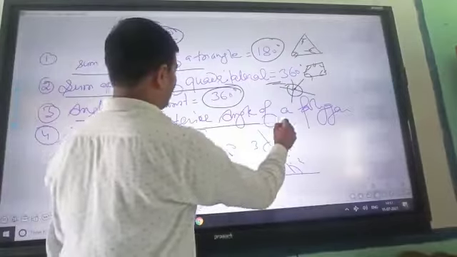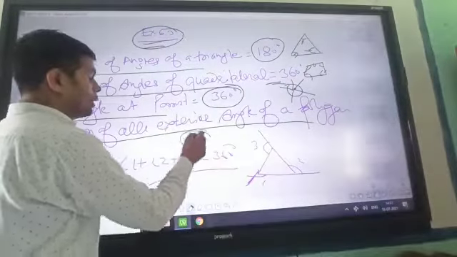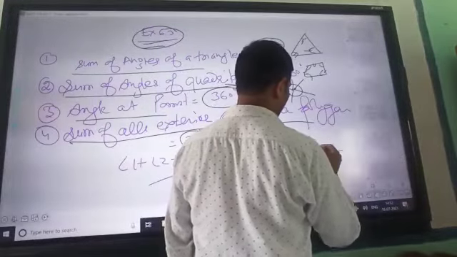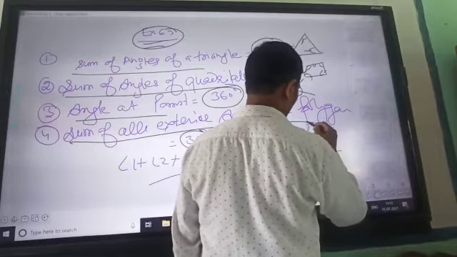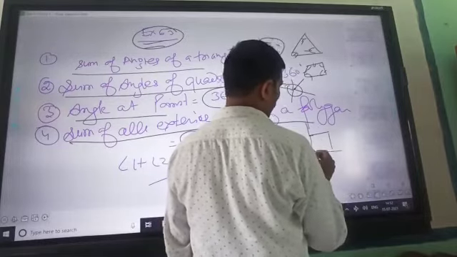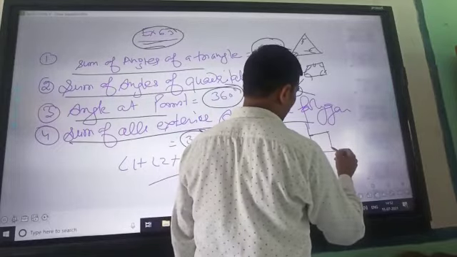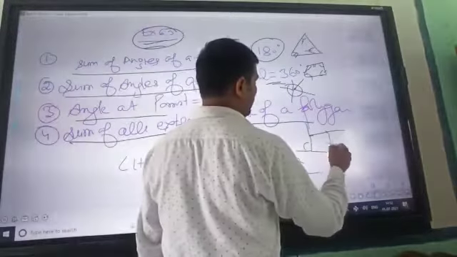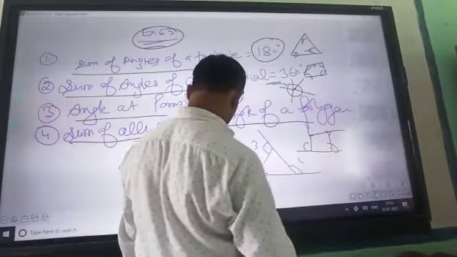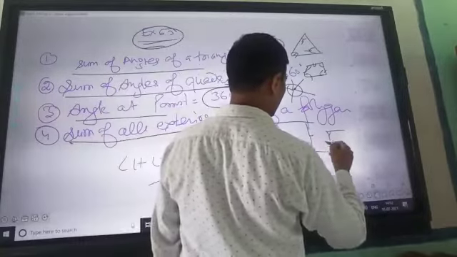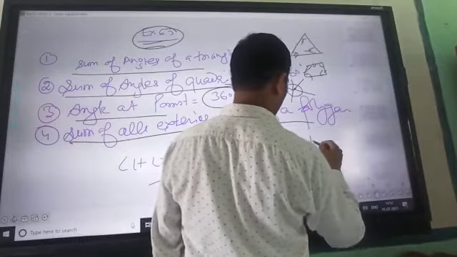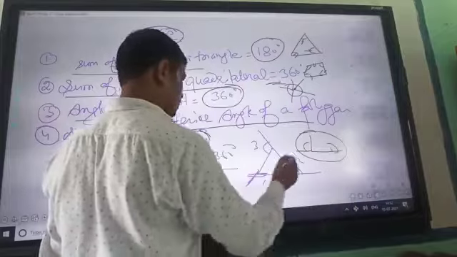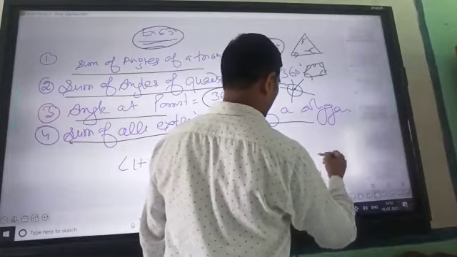The sum of all exterior angles of a polygon equals 360. Polygon means it is not necessary that you take a triangle. You may also take any quadrilateral like this, it depends on you.